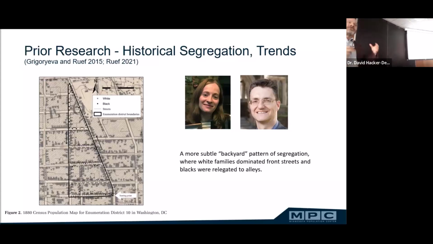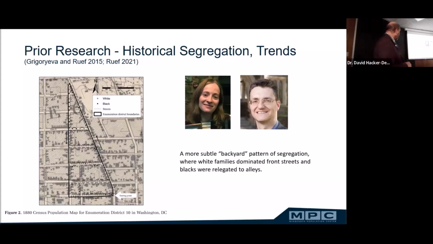They took that pattern I mentioned before, enumerators going door to door, and where they could in Washington, D.C., started geocoding them, mapping them. And they found what we expected all along, that yeah, the enumerators walking down the street, recording households, right?